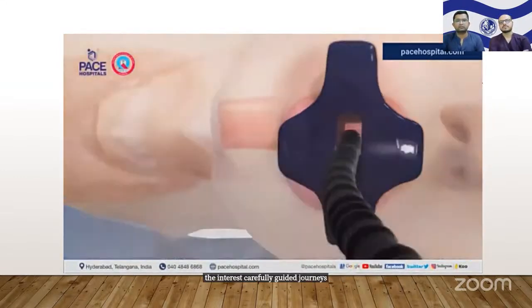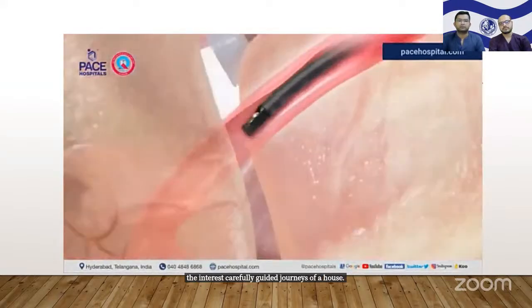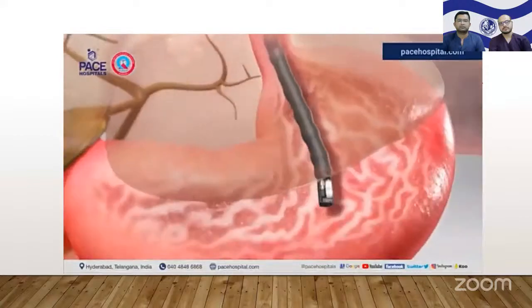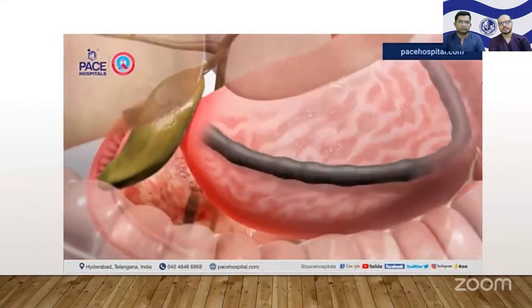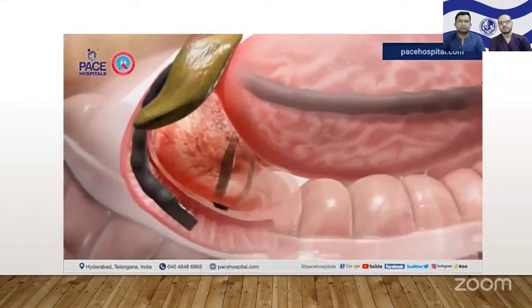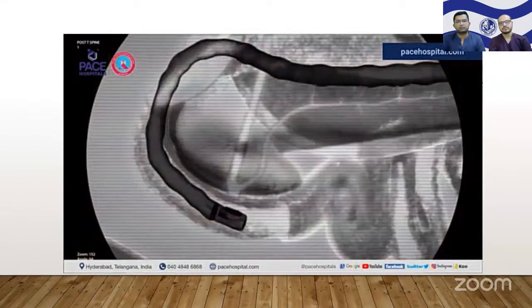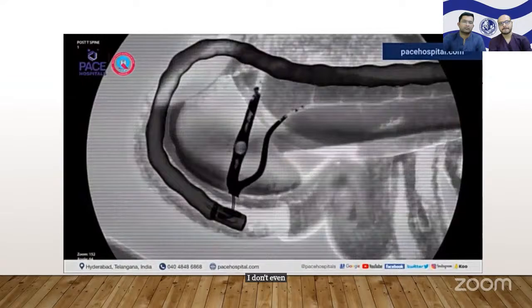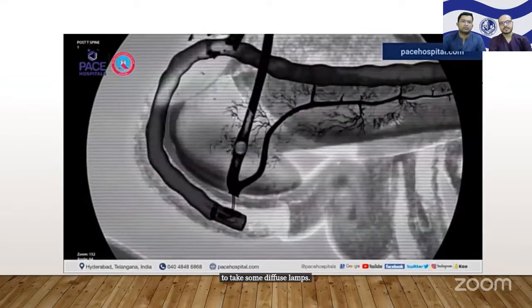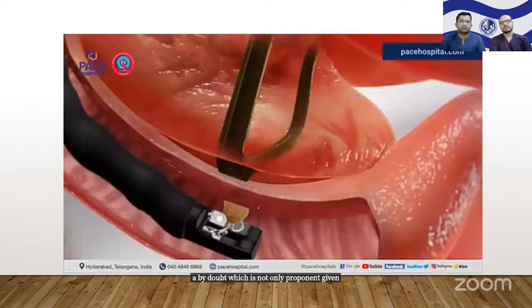It goes through your stomach and small directed going to we need to take some tissue samples. The bile duct which is not working properly can be opened. If you have gallstones, they can be removed.